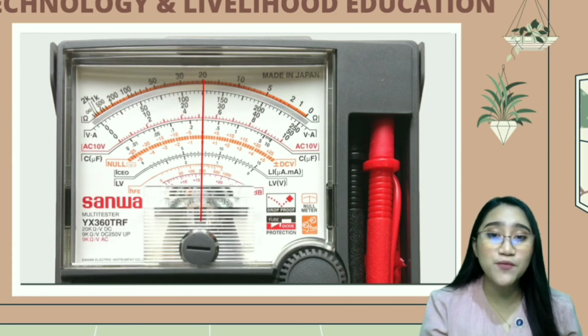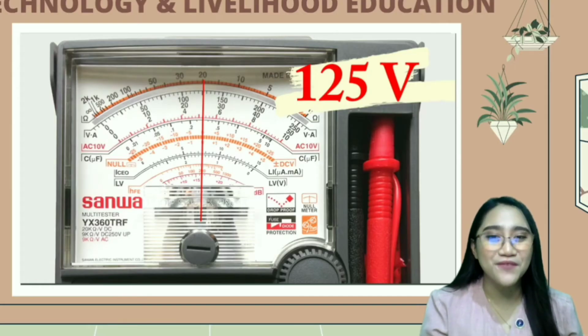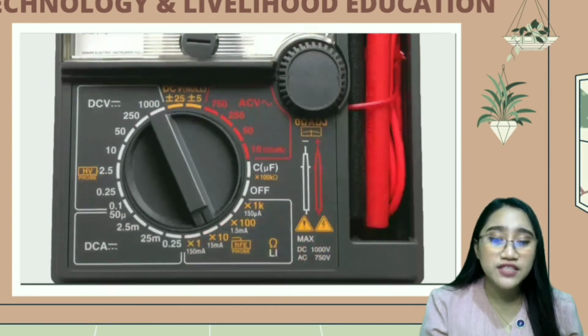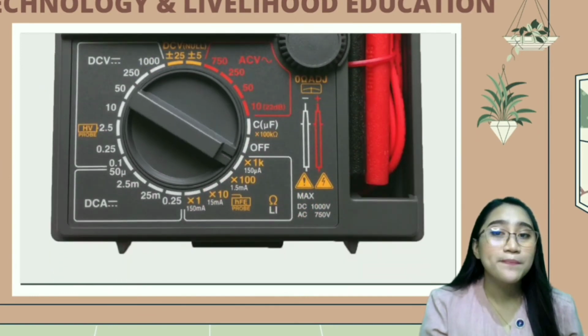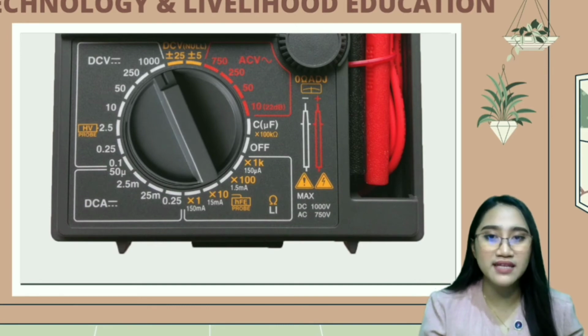Let's start from 100 because it is the nearest to our needle. 100, 105, 110, 115, 120, 125 volts.